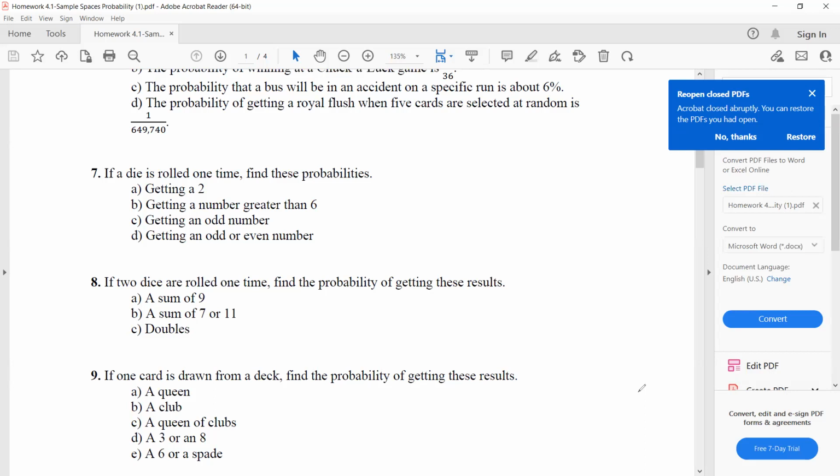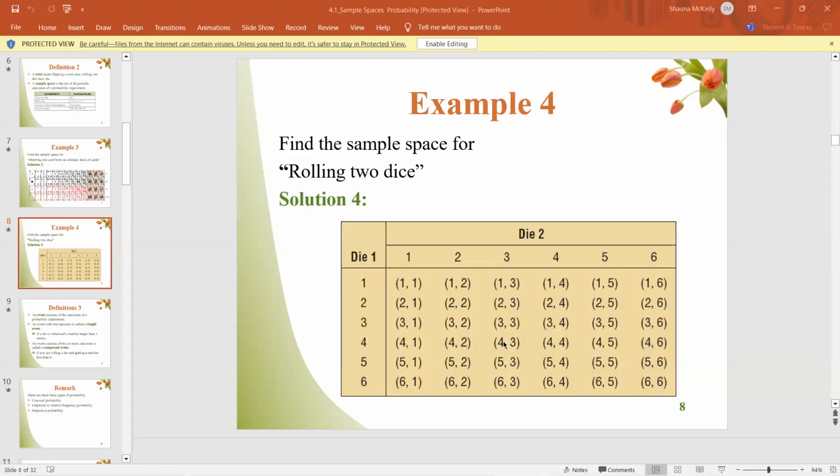A sum of 9. So let's go back and look for a sum of 9 on 2 dice. Let's find our sums of 9. So we're looking for the probability of a sum of 9. So what do you see on your screen?